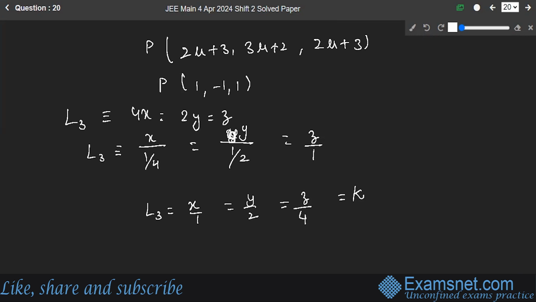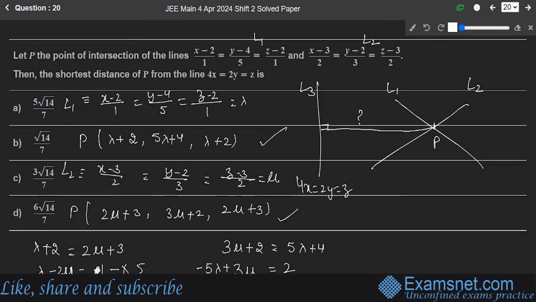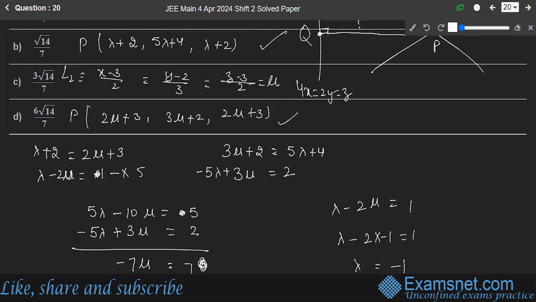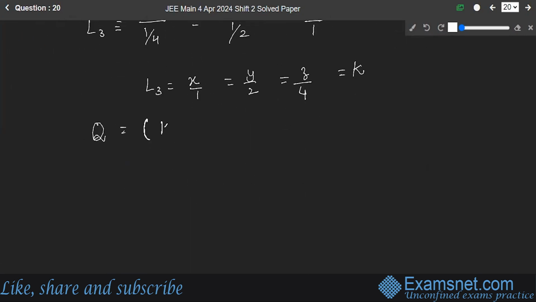So the coordinates Q, let's say this is any point Q over here. This is the point from where we have to find the perpendicular distance. So Q will have the coordinates k, 2k and 4k.